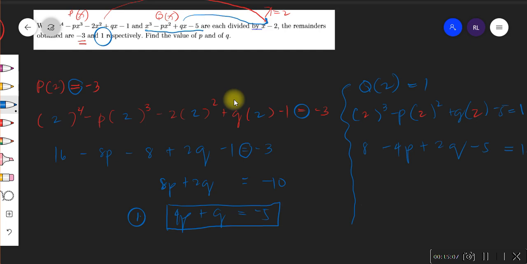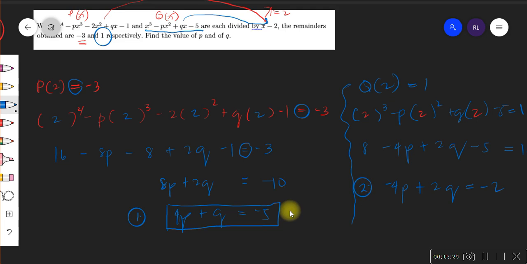Obviously, we'll have negative 4p plus 2q equals 8, and negative 5 becomes positive 3. With 1, we have negative 2. So this is our equation 2.